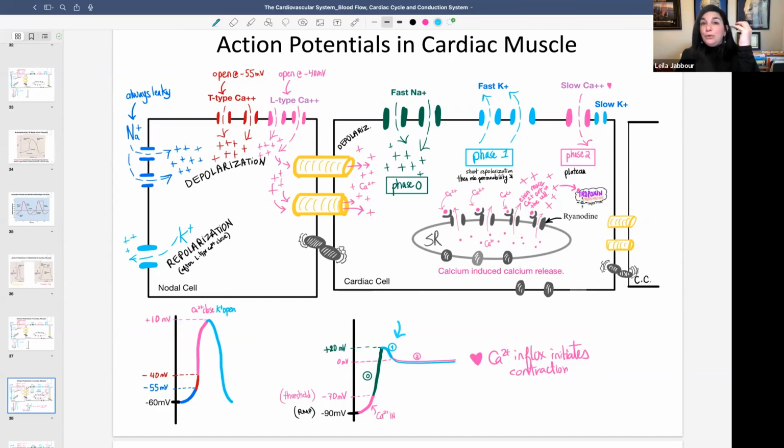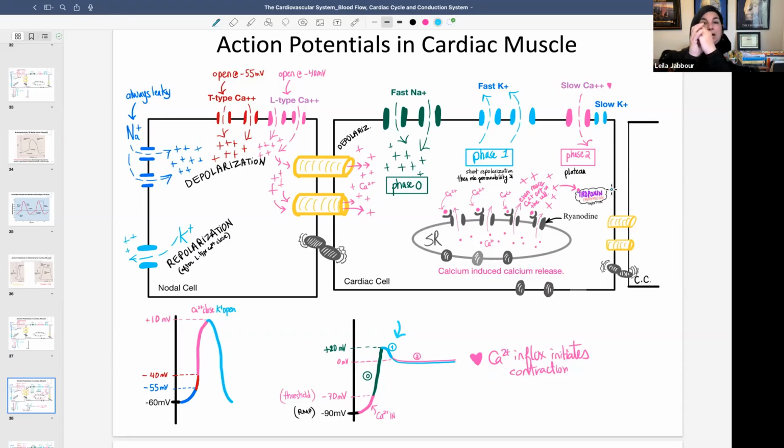If you remember what's going on in a skeletal muscle cell, when calcium is released from the SR, it goes and binds troponin. Troponin is a calcium binding protein.